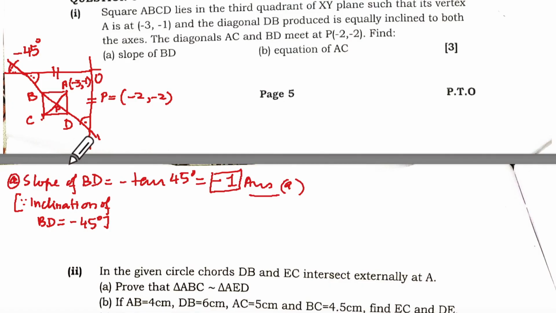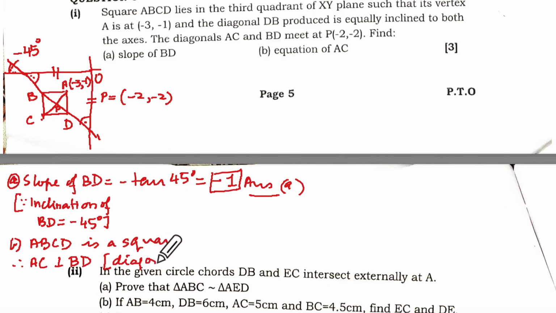Okay, so you see it is not difficult, but it is a little bit out of the ordinary type of question. Now equation of AC we want. Because it's a square, AC and BD are going to be perpendicular. So you will say ABCD is a square, therefore AC perpendicular to BD, diagonals of a square bisect each other at 90 degrees.